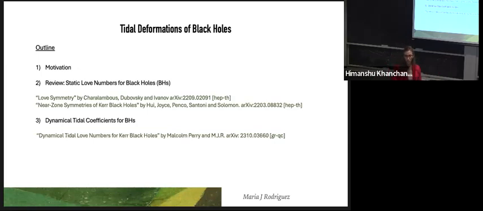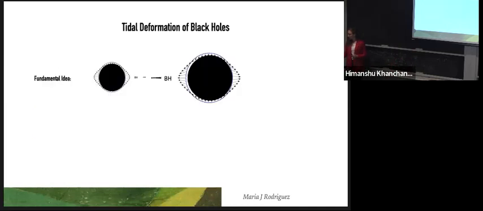I think Sergey has a different view specifically on one of the papers there, but I'll give the references and then we can discuss. The third point is related to the paper that I wrote with Malcolm 2 weeks ago, a collaboration that started a year and a half ago.